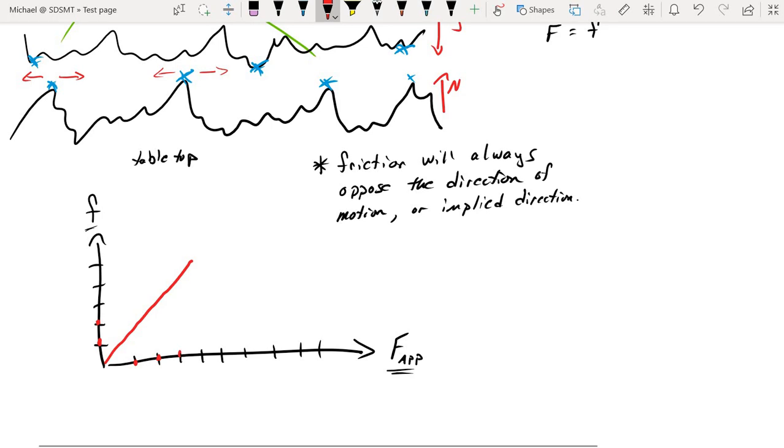I can continue applying more and more force, but if the mass doesn't move, then that summation has to remain equal to 0. And this is important in helping us figure out what is the magnitude of that friction force. Well, it's pretty easy now. It's equal to the applied force.